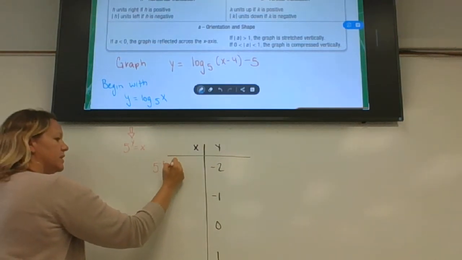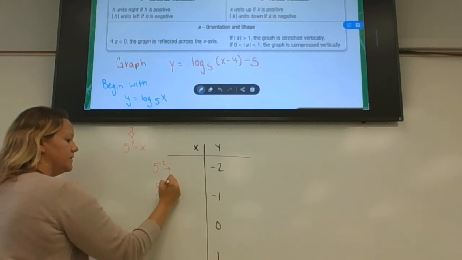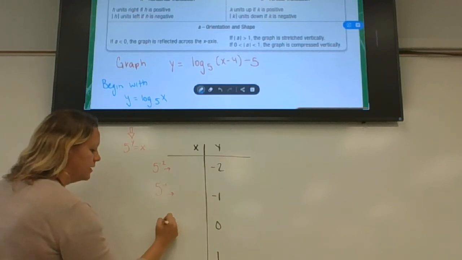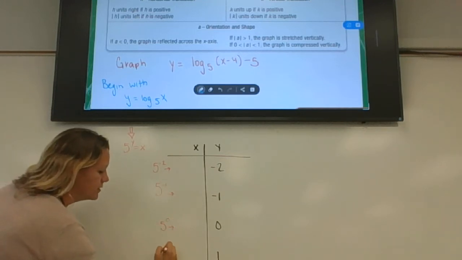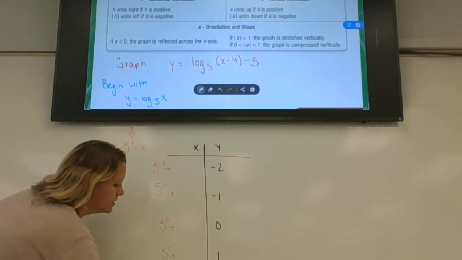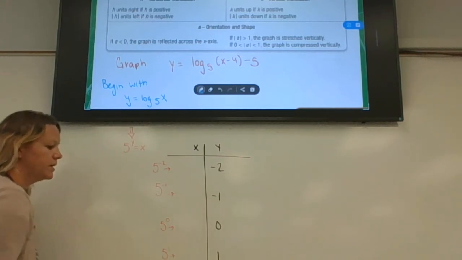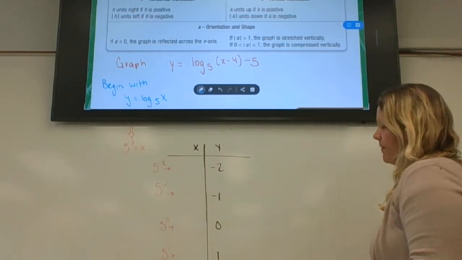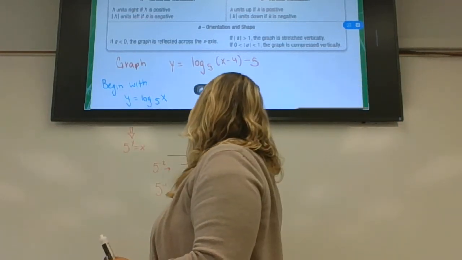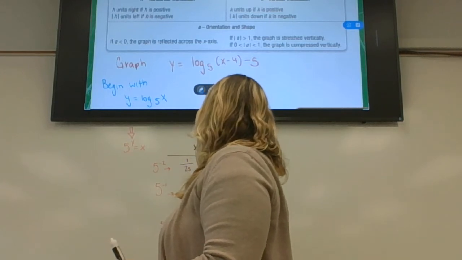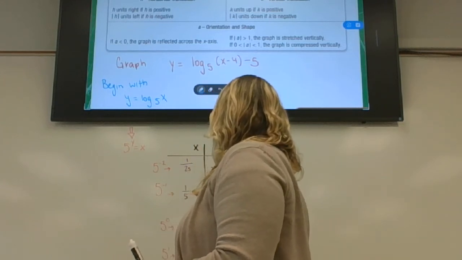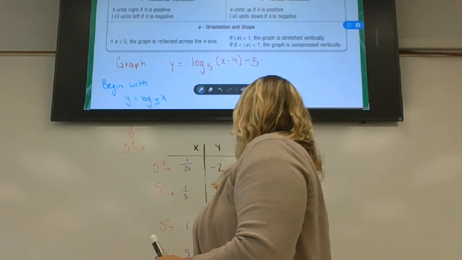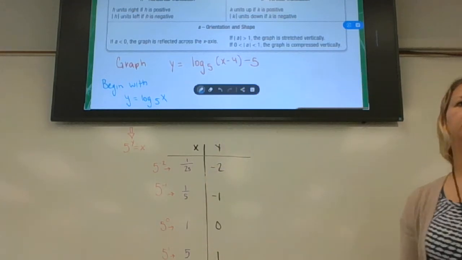So 5 to the -2, 5 to the -1, 5 to the 0, 5 to the 1, and 5 squared. So that's the main one. That's the base.